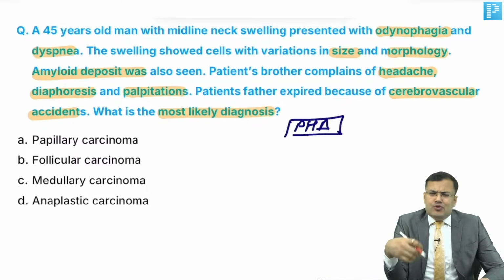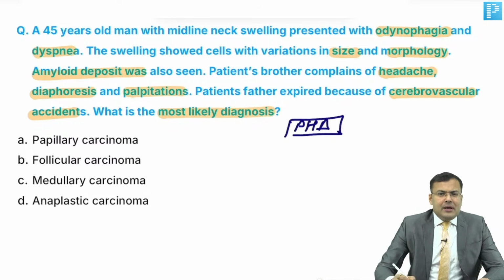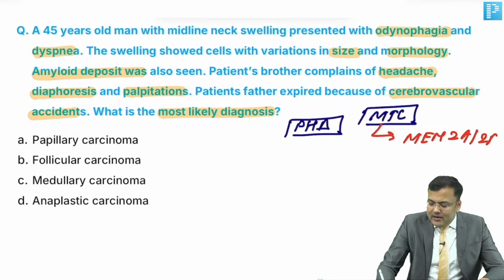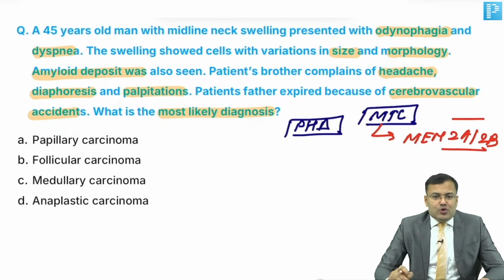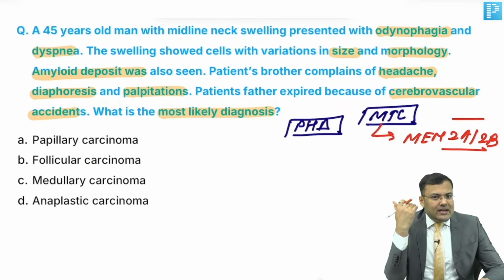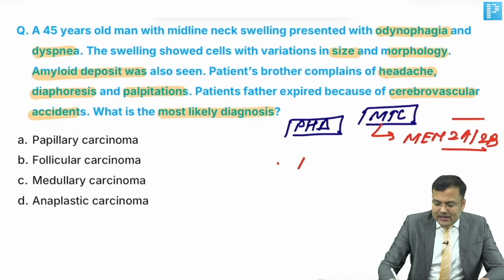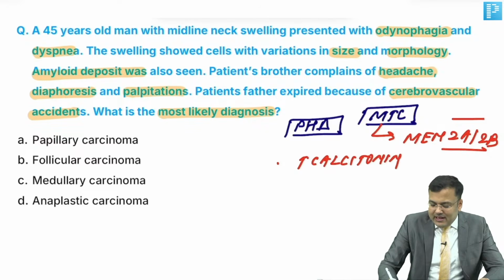And you know why this tumor is associated with pheochromocytoma? Because this is medullary thyroid cancer, MTC. Medullary thyroid cancer is associated with MEN 2A and 2B, and in MEN 2A and 2B there is pheochromocytoma. That's why his father expired because of cerebrovascular accident. Clear? Second characteristic feature, the patients who have medullary carcinoma thyroid have raised calcitonin.